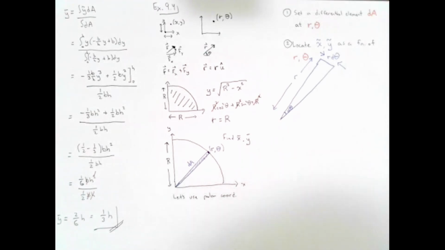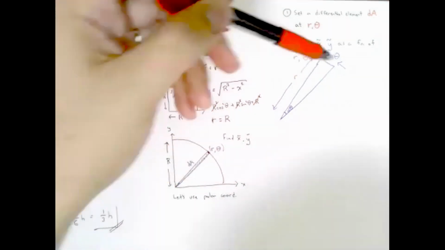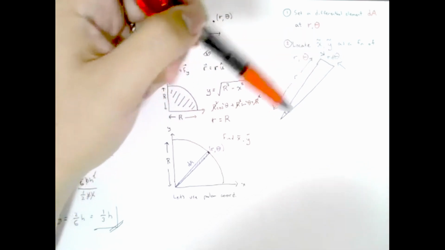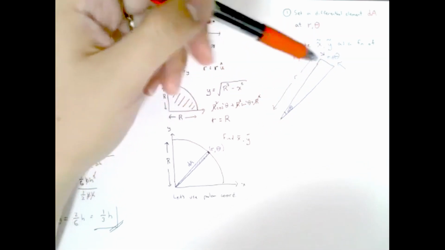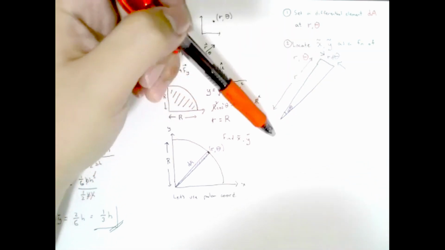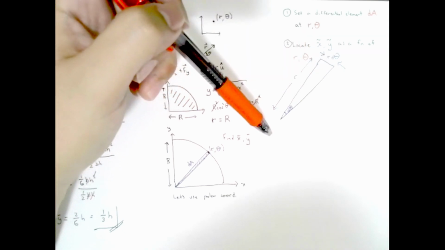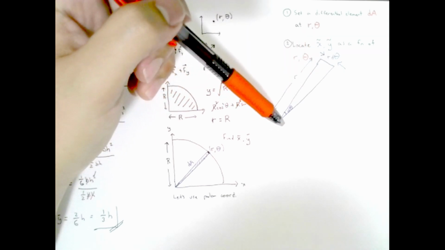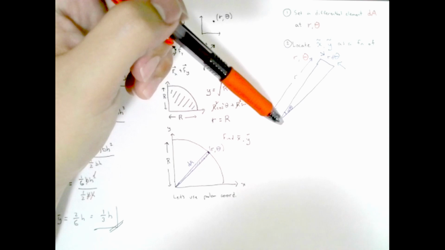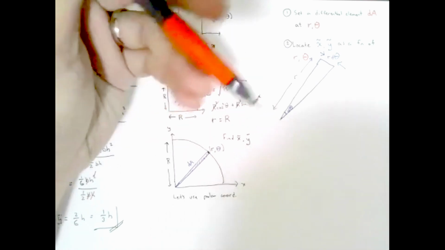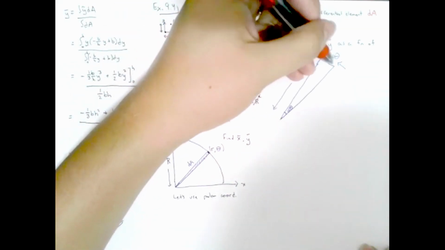Now, because this is a differential element, a really, really small element, I can actually treat this element like if it were a triangle. And we already know that if this element is a triangle, where in the triangle is this centroid going to be located at? Where do you think? One-third R. Yep. At 1/3 from any wall.